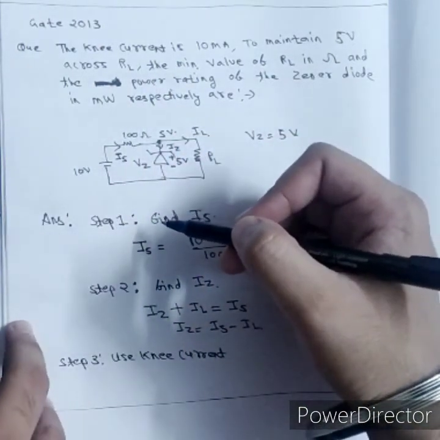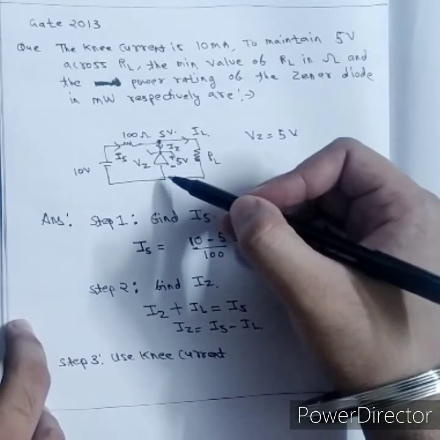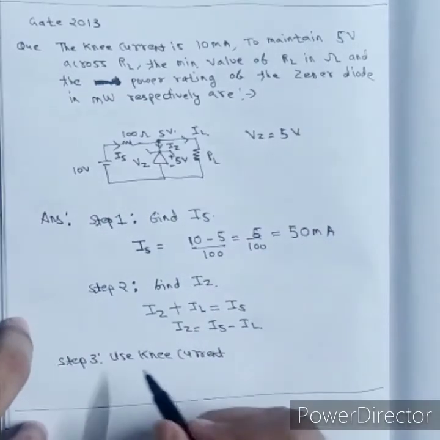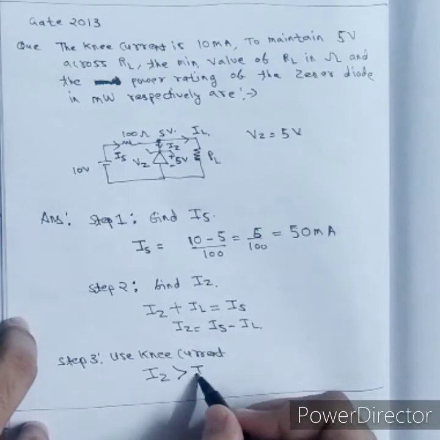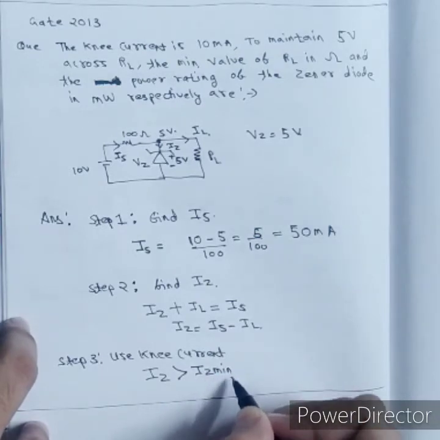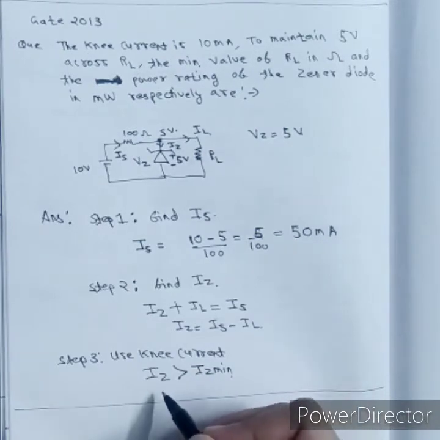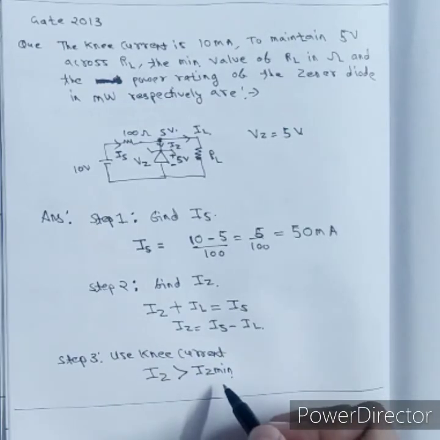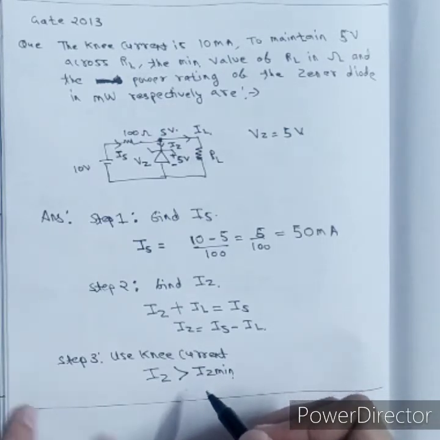So the knee current is basically the minimum current which should flow through the diode such that the diode is in reverse breakdown region. So IZ should be at least greater than IZ minimum, which is also the knee current. Whatever current is flowing through the Zener should be at least greater than IZ minimum, so that your Zener diode is working in reverse breakdown.